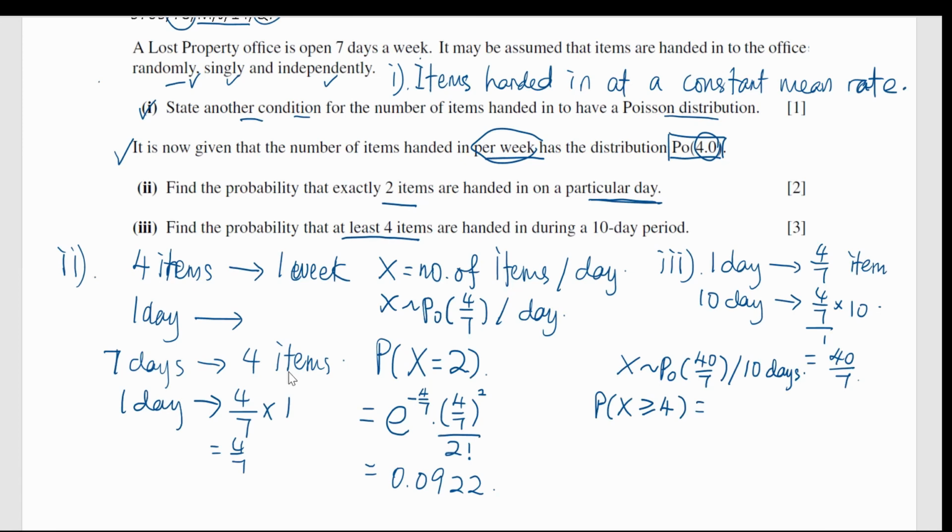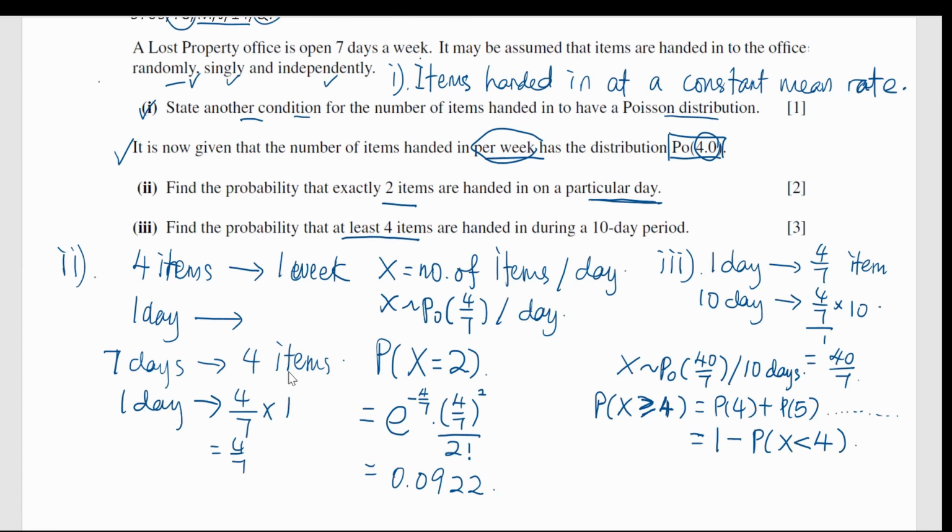So if you have a question like this, X greater than or equal to, you are not able to keep using the formula for 4, 5, and so on, as it is never ending. So what we can do is take 1 minus the probability of X less than 4.